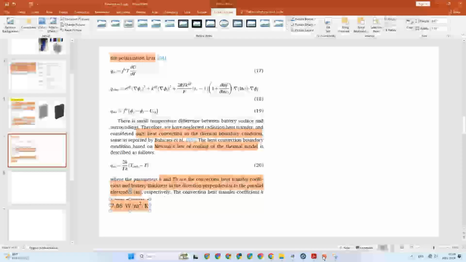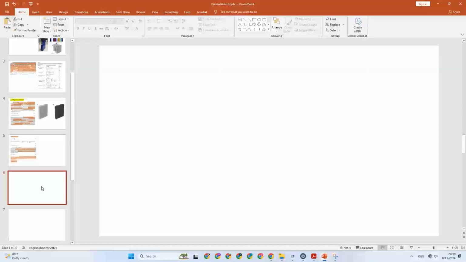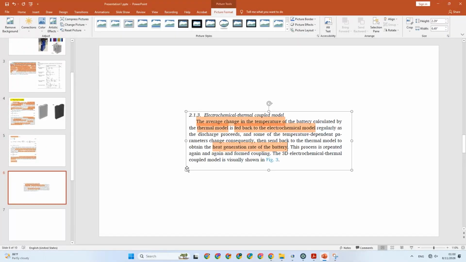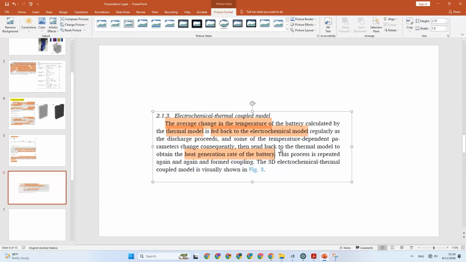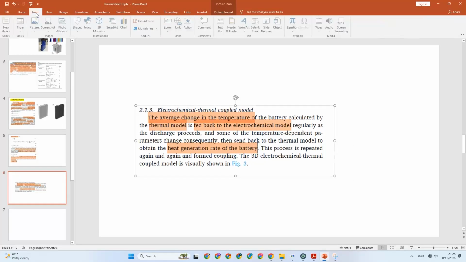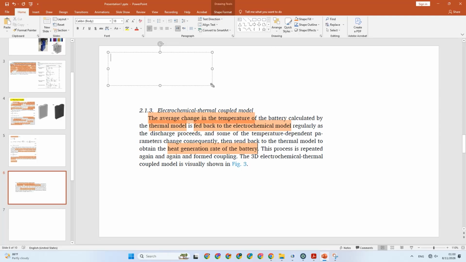Okay, here I just write the coupling. I write it 1, 2. I mean coupling.